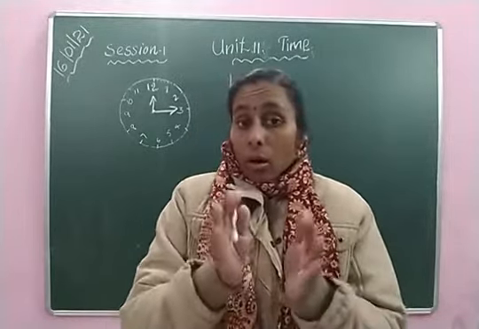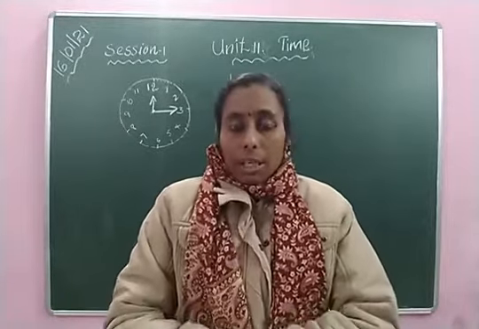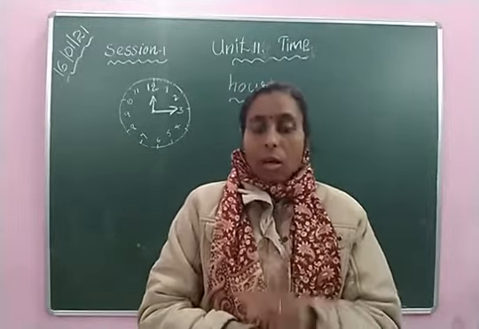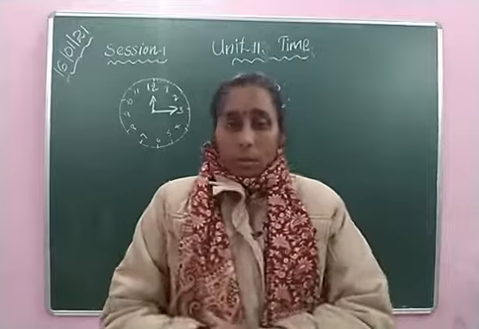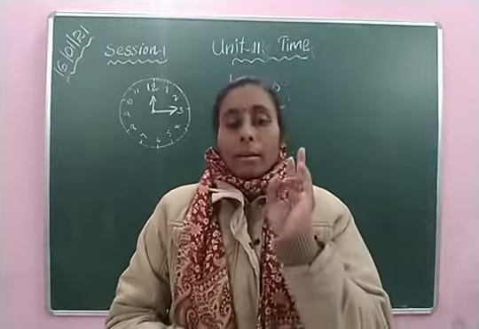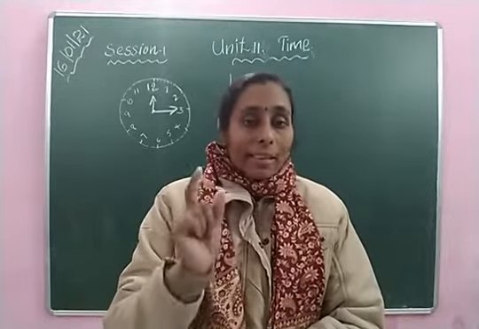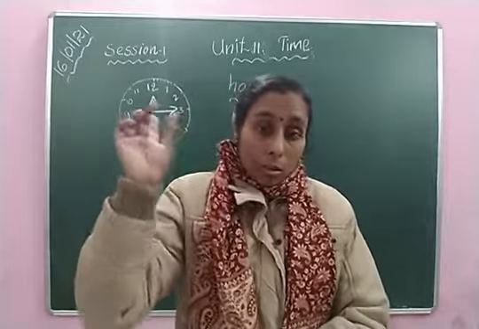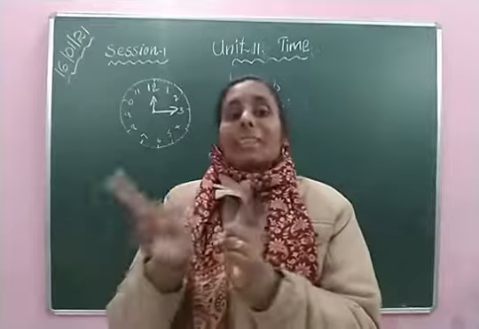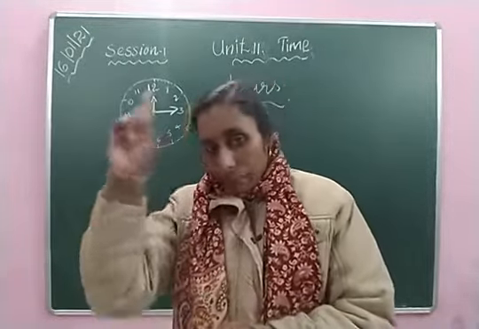And a clock is divided into 12 equal parts, and there are mainly two hands in a clock, the short hand and the long hand. The short hand represents hours and the long hand represents minutes. The short hand takes 1 hour to move from one number to another, and 12 hours to complete one rotation.